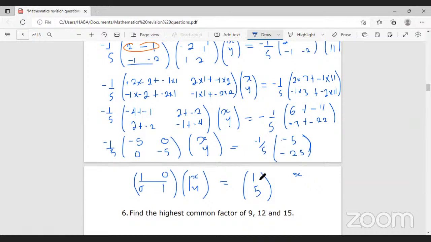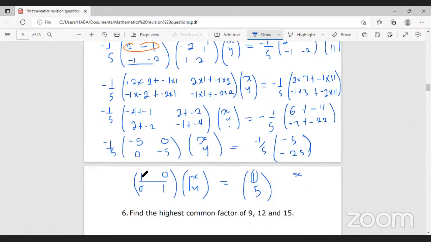Why is it that we don't just equate x is equal to 1 and y is equal to 5? If you do it like that, it's just cram work. We have to show the examiner that we know mathematics.